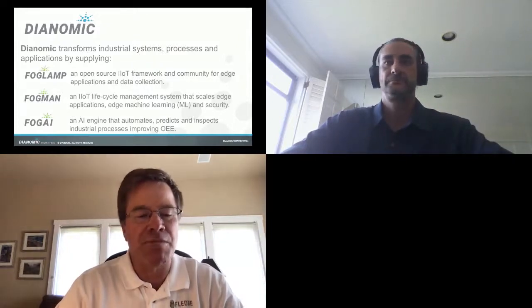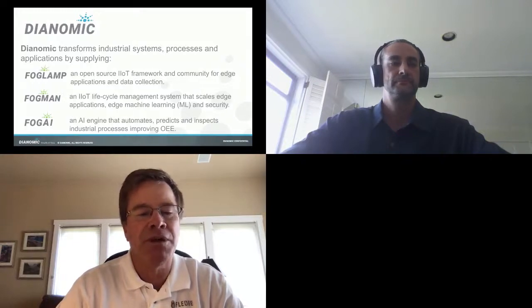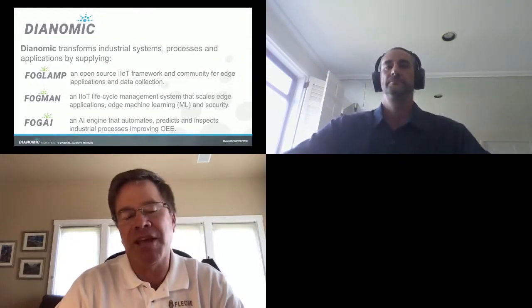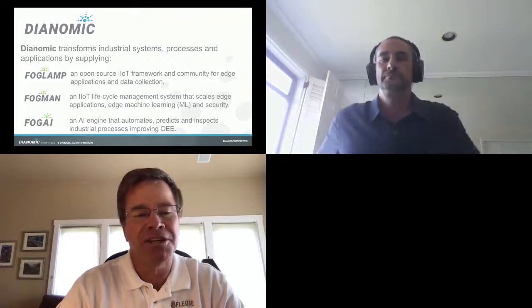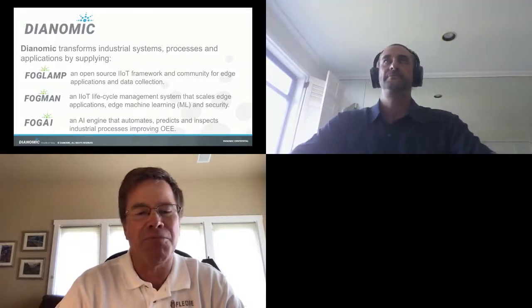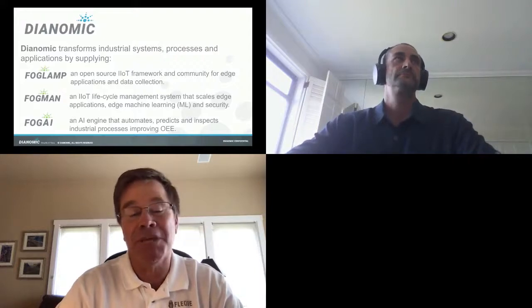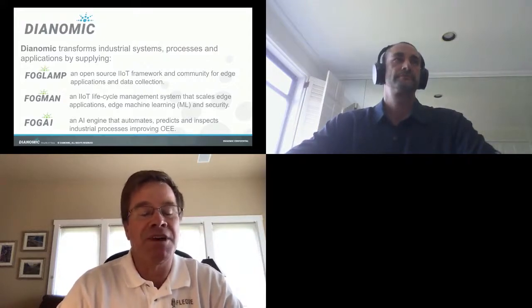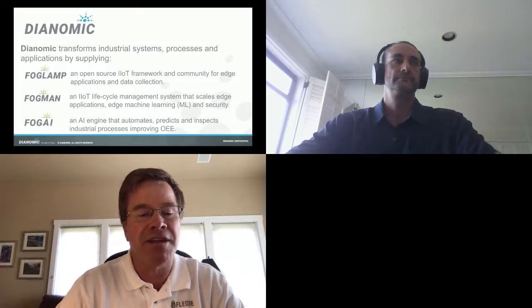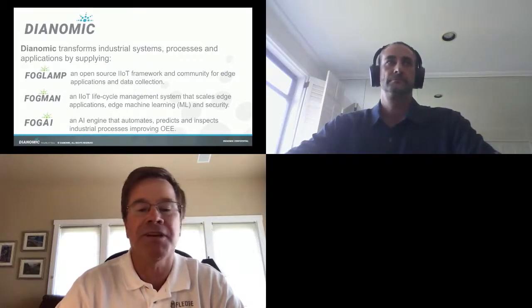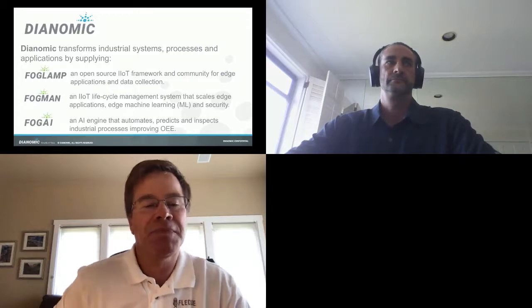Fogman, which is our management system, when you scale out these systems, you'll see some slides coming up where some utilities may have 1 million edge devices or more they have to manage. It's really the Comcast cable box problem all over again, but in utilities and maybe many times more. And then Fog AI, a set of utilities that enable one to run machine learning on the edge for equipment where that's necessary. Next slide.